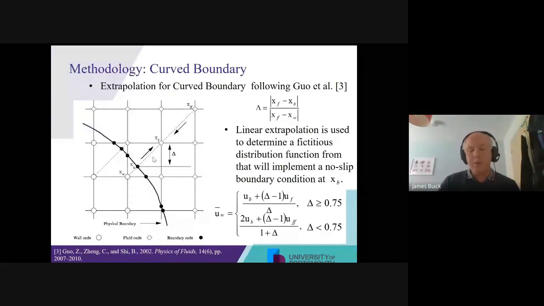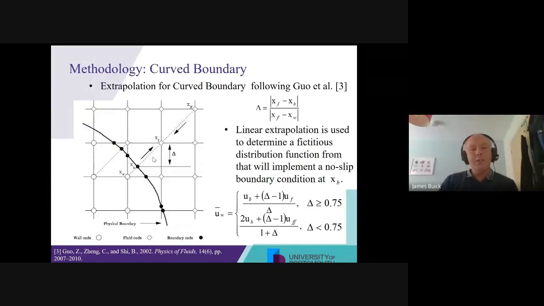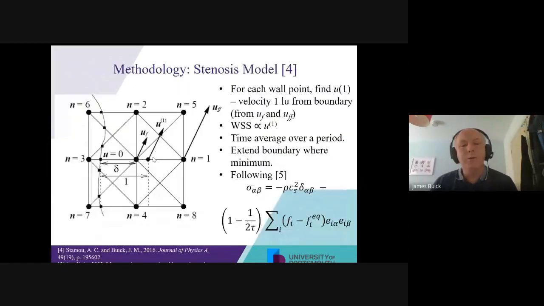It's a fixed boundary. When we want to look at the development of stenosis, we obviously require that boundary to move. And the methodology that was used for that is explained on this next slide. I'll initially explain the original model as it was proposed, and then a slight variation to that, which we used in the work here.